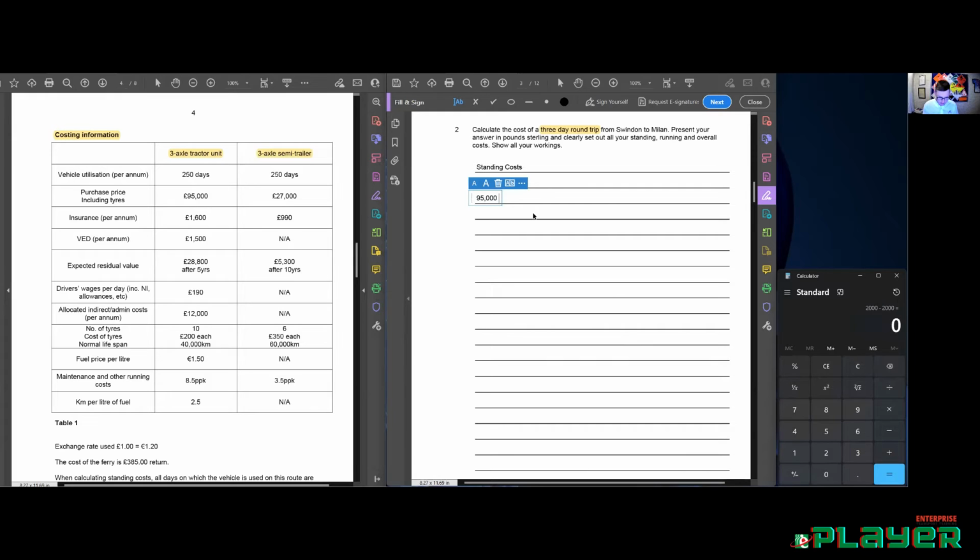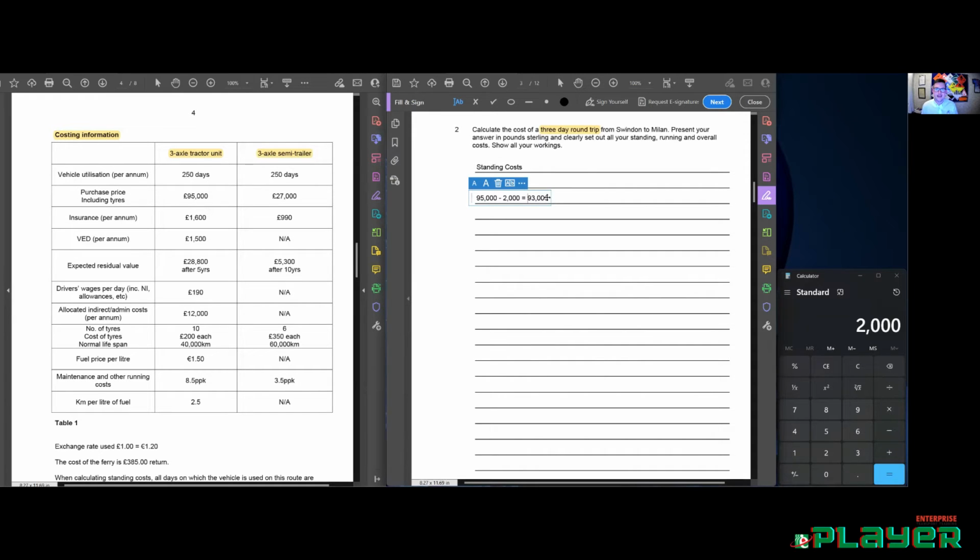So minus 2,000, because that's the tyre price. That will give me a total of 93,000. That's the value without the tyres on.